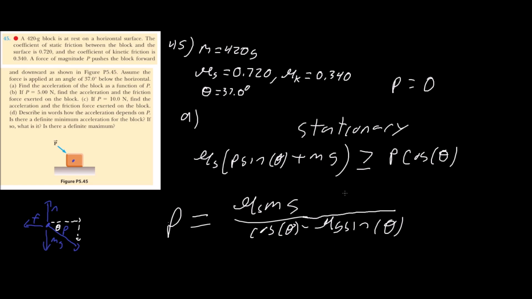Let me write that down. Let me convert here so I can store this for the mass. All right, I'm going to put this in the calculator: the coefficient times mg, divided by cosine of theta minus the coefficient times sine of theta.